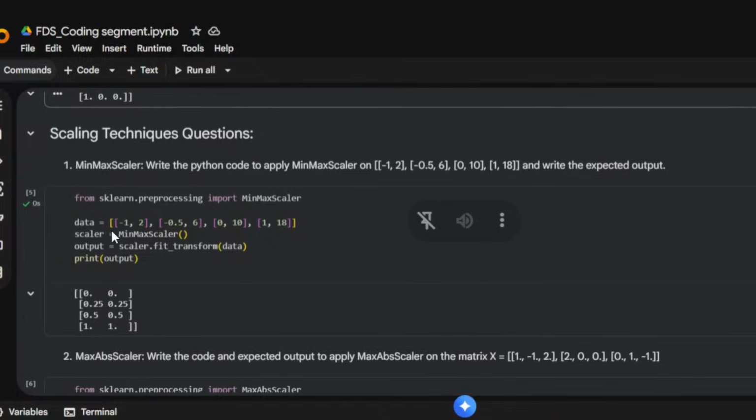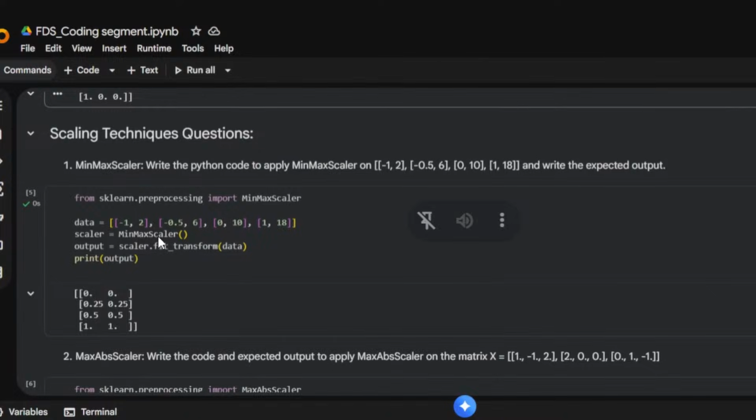So data equals to, okay, the first line is, as Harshini said, we are basically importing min-max scaler from the sklearn.preprocessing library as usual, and then assigning the data to a variable, and then scaler. We create a scaler object.